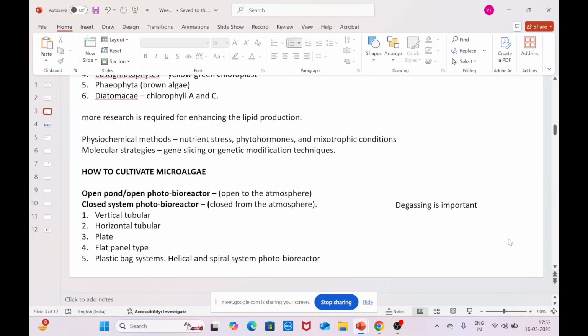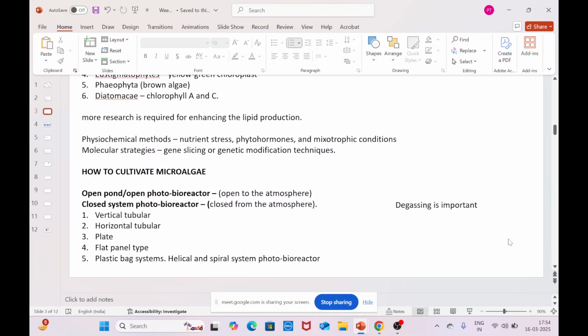That is something which needs to be taken under consideration when we select our reactor system. In open bioreactors, as I said, the system remains exposed to the atmosphere, so it is also exposed to the pollutants and all the other matter available in the atmosphere. So contamination risk is considerably higher compared to the closed bioreactor system.